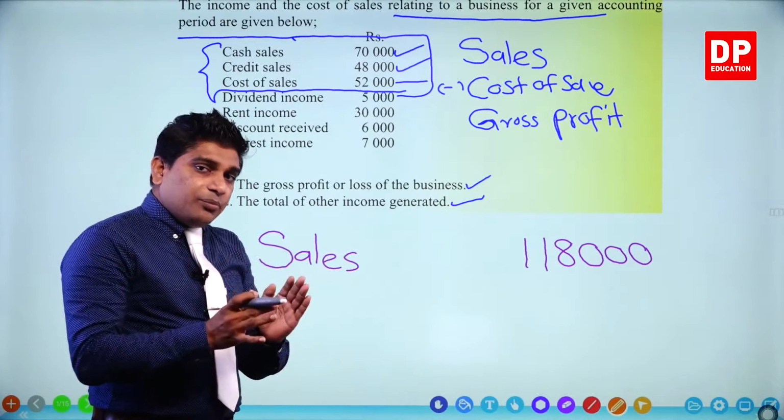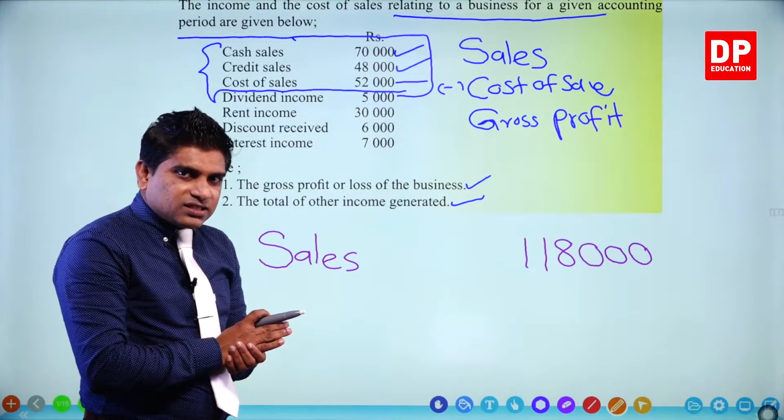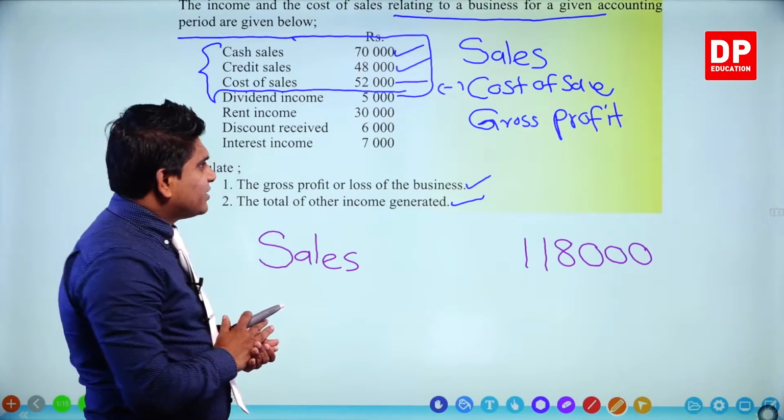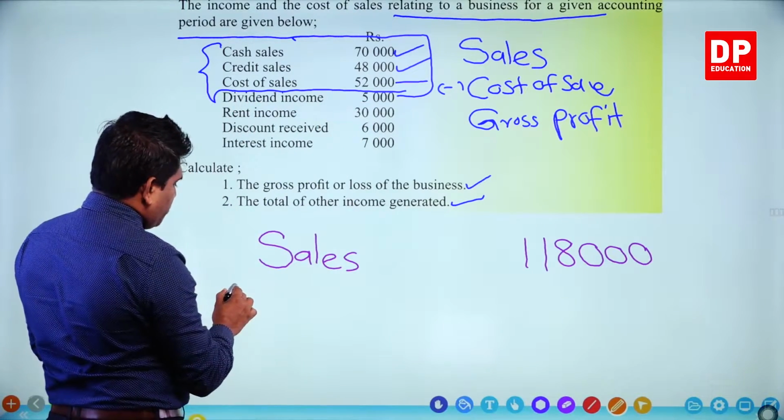From the sales income, you have to subtract the cost of sales. In the last chapter, we have done cost of sales. Then you can see the gross profit, right? Cost of sales is given as 52,000, then you put minus here.